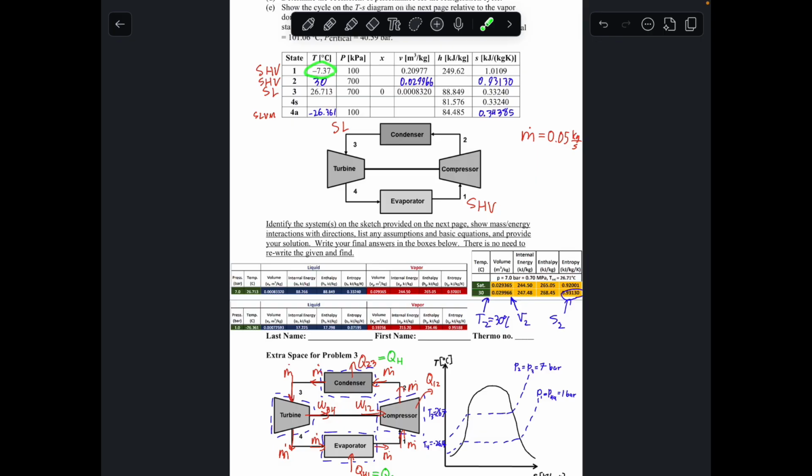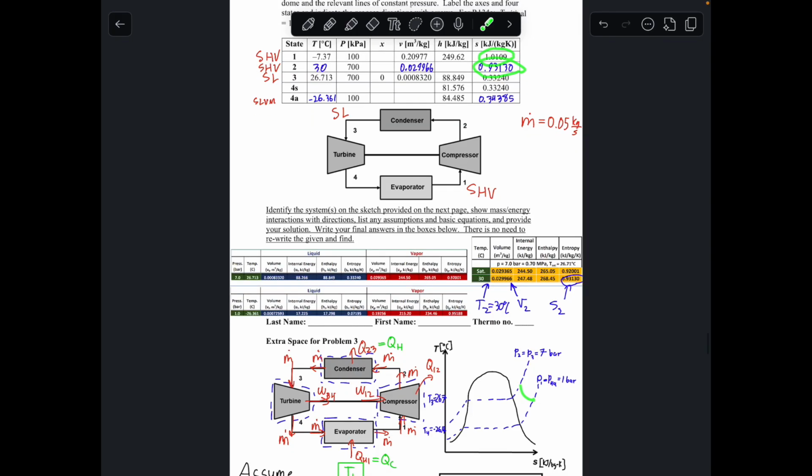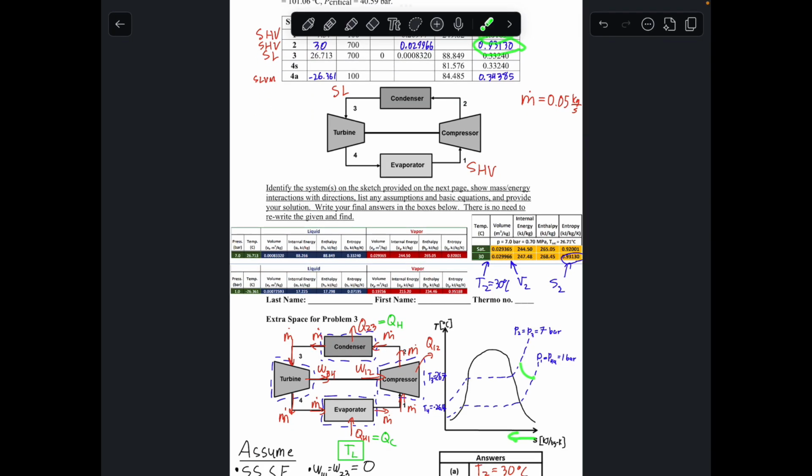At state 1, we are at a lower temperature than state 3, so we know that we are going up in temperature. And we are also at a higher entropy value at state 1 than we would be at in state 2. So that means we are going up and to the left because we are decreasing in entropy and increasing in temperature.